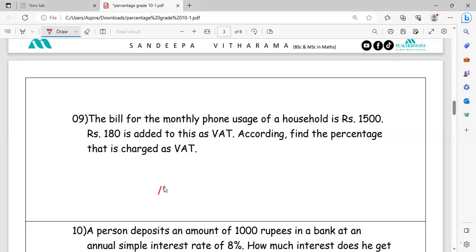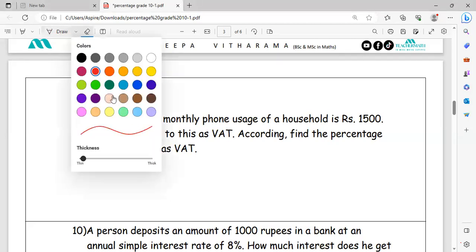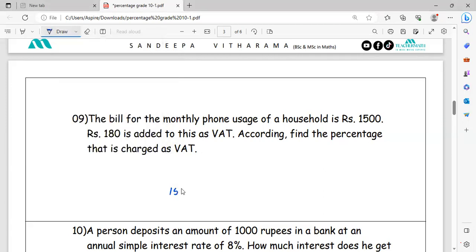If the value of the bill is 1,500 rupees, then the VAT is 180. Actually, what you have to do is write down what they have asked as a fraction.